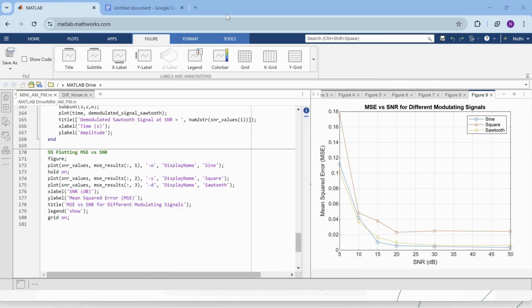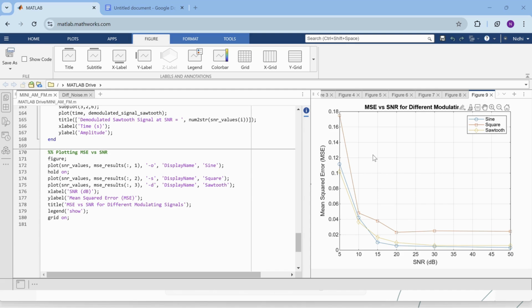After that, the mean squared error between the original and demodulated signal was calculated. We found out that sine wave had the lowest MSE at all SNR value, indicating its robustness to noise, while square wave showed higher MSE, especially at lower SNRs due to the discontinuities and harmonic rich structure, while the sawtooth wave performed better than the square wave but not as well as the sine wave.